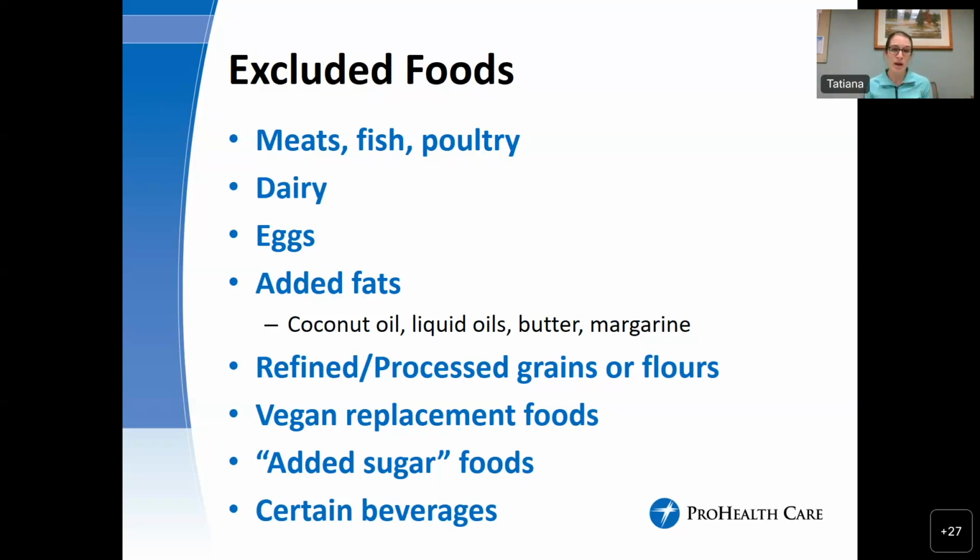Any of your refined or processed grains, again, that goes back to a plant fragment. When we are consuming white flour, all we've done is remove that white innard from our whole wheat or whole grain, and we've done something else with the other parts of it, but we really want to be eating all of them together. Vegan replacement foods. A perfect example is something like a frozen veggie burger.